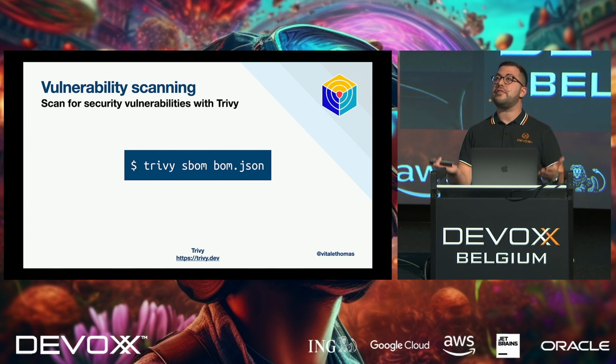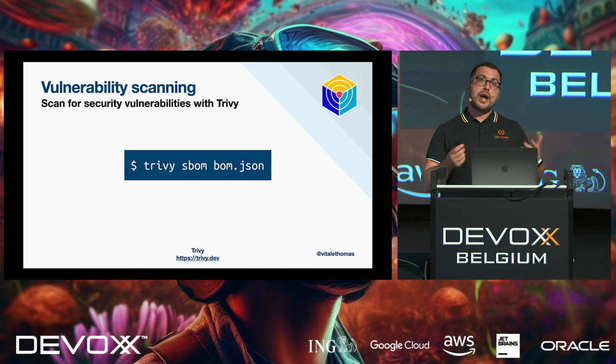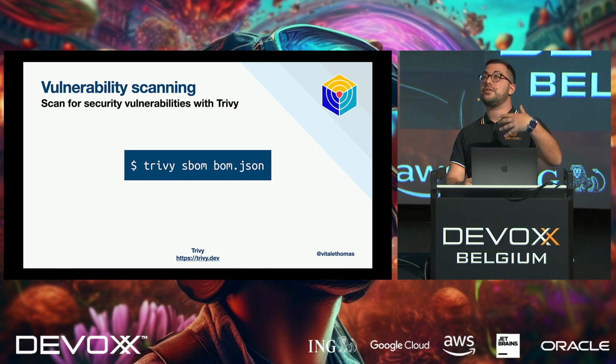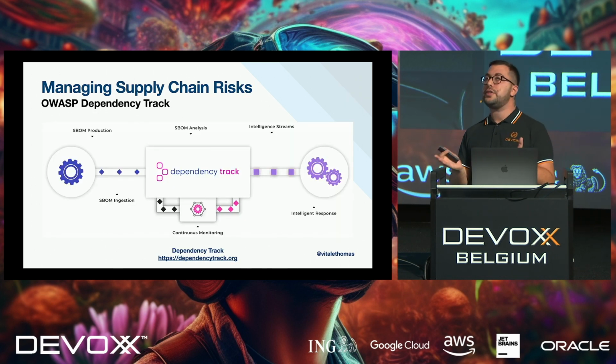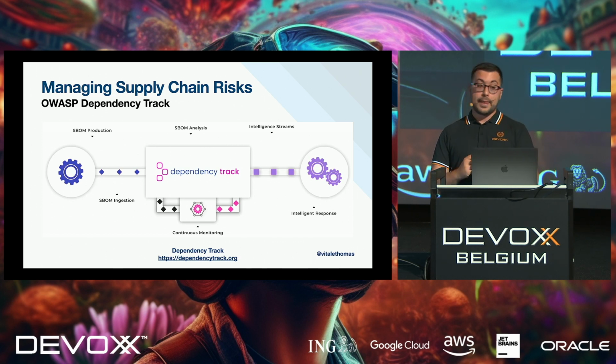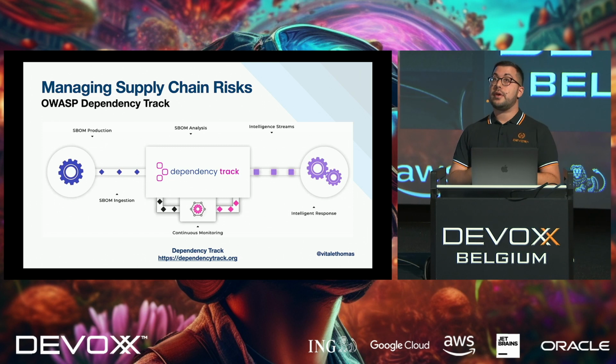But we saw we have different use cases. So perhaps it's worth investigating not just tooling, but also the practices that we have in order to manage and actually use this SBOM. I want to show you an example of how to manage these supply chain security risks with a tool. It's called Dependency-Track. It's an OWASP flagship project. I really like it. It's fully open source and free, and also it's written in Java.